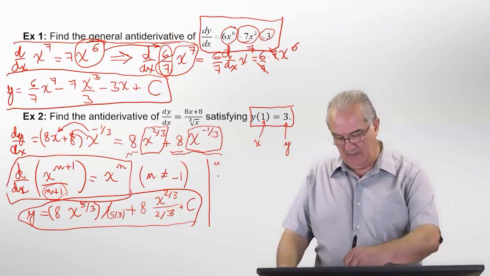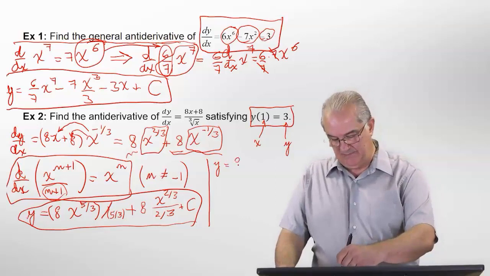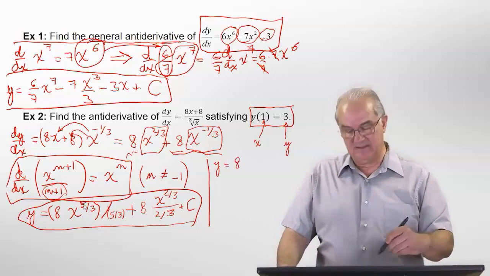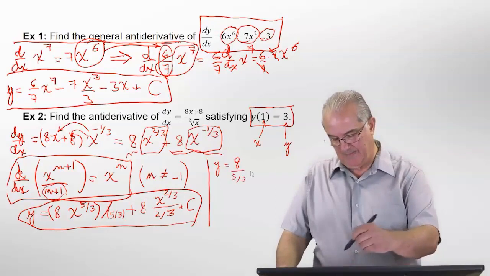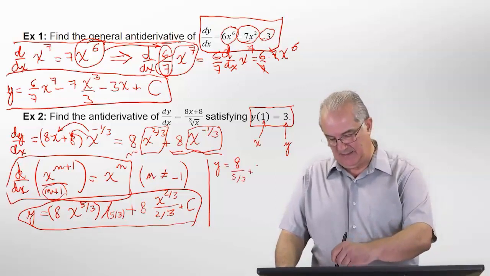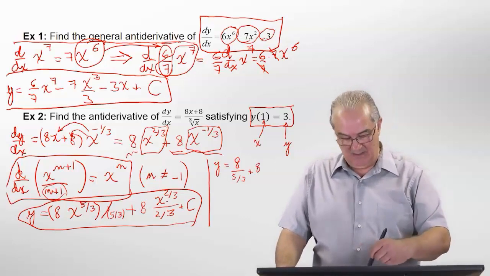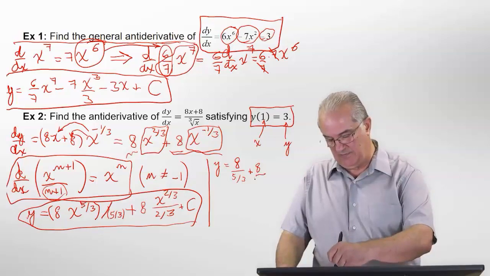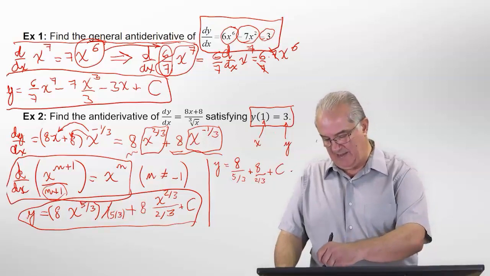Y equals 8 times 1 to the power 5/3 is 1, and then we are dividing by 5/3. And then we have to add 8 times 1 to the power 2/3 is again 1, and we need to divide it by 2/3 and add the constant c to obtain a value of 3.